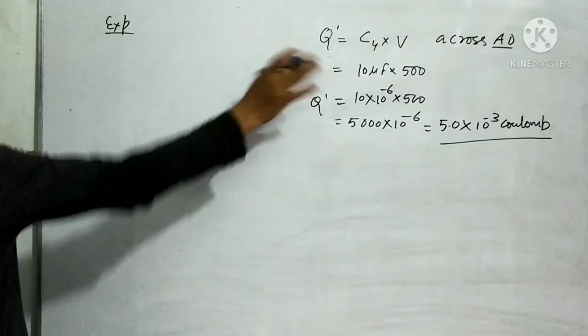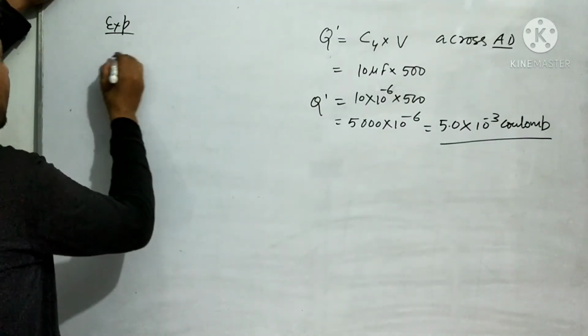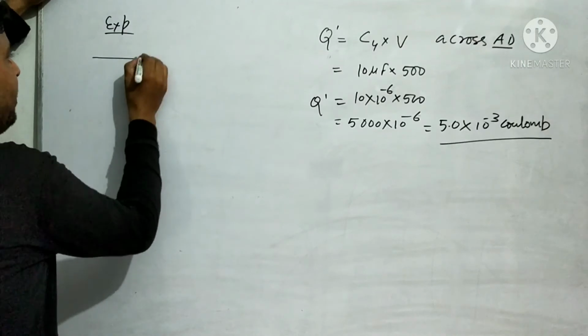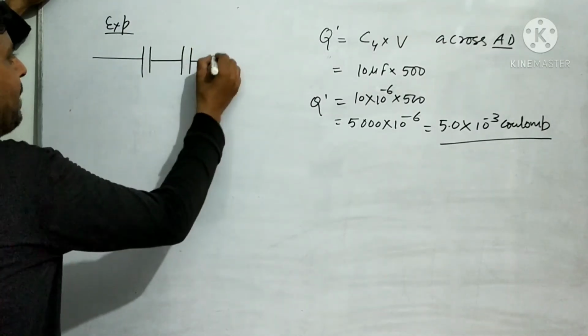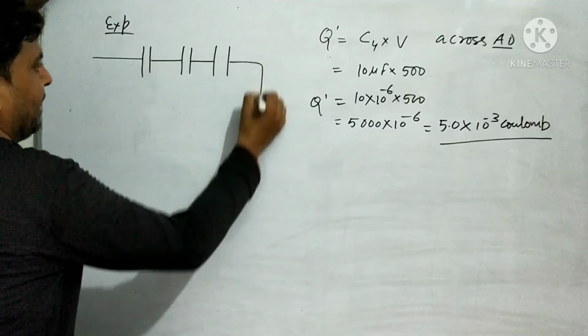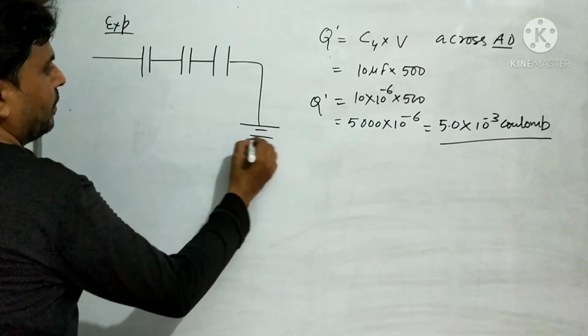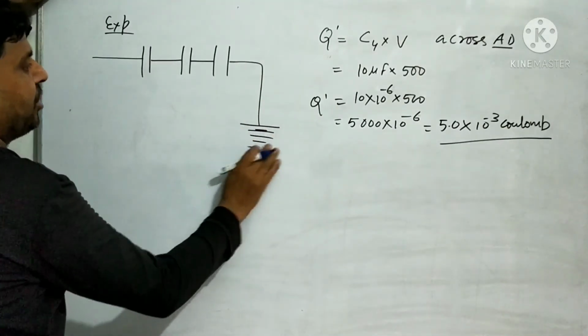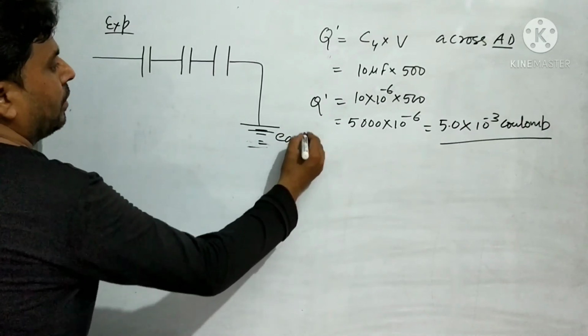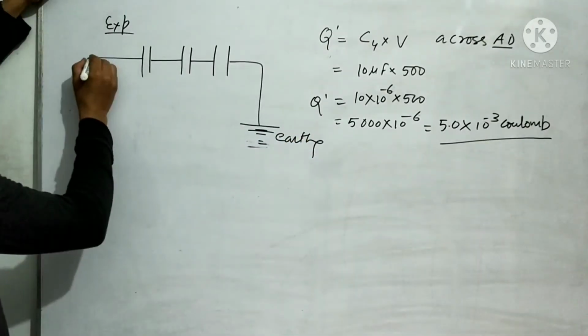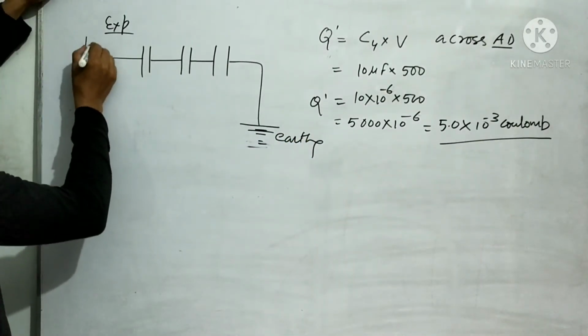Yes. One different type of example here. No need to screenshot, you can take it later. Suppose one question is there here, with many capacitors. I am not doing the exercise. This is different, with earthing. And here it is given, suppose 100 volt supply.